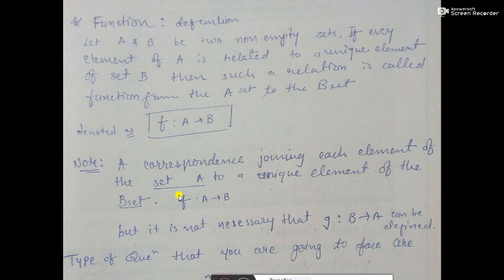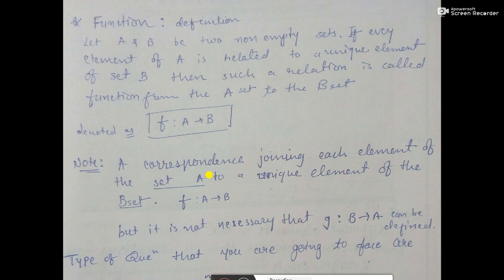So if f: A to B is present, what is correspondence? A correspondence is a relation that joins set A with set B. It is not necessary that another function like g from B will be related or correspond with A.